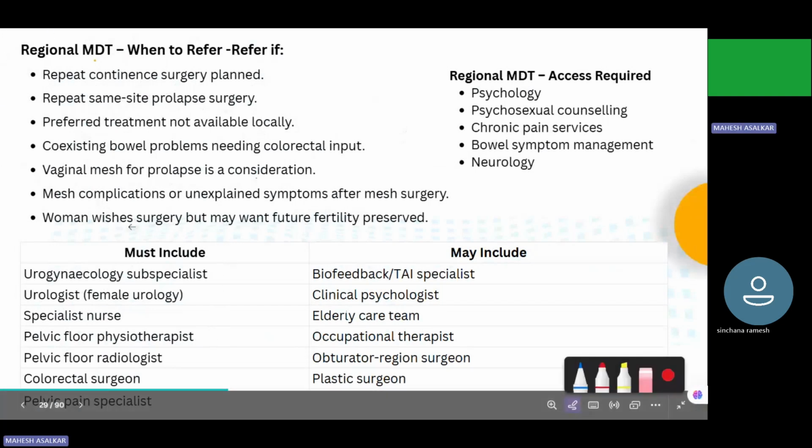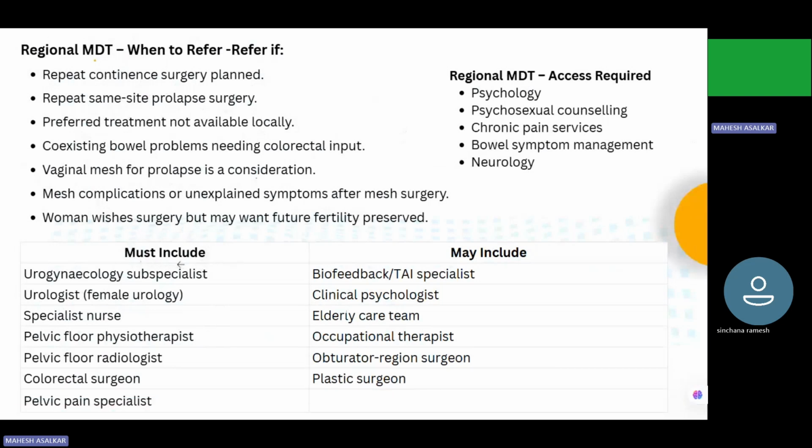Now, what are the components or who are the people included in the regional MDT? It should have a urogynecology subspecialist, one urologist. There will also be two consultants, but they mention consultant with urinary incontinence and/or POP special interest.